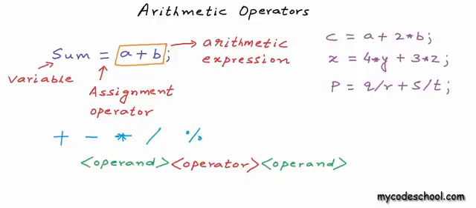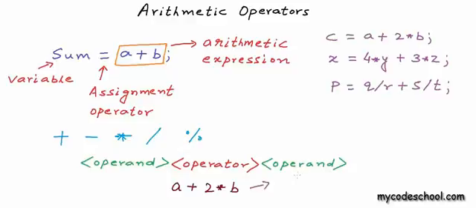Let's pick this expression: a plus 2 into b. We have 2 operators here, addition and multiplication. Now can you tell me the operands for each of these 2 operators? Well, it will depend upon which operation we are performing first.